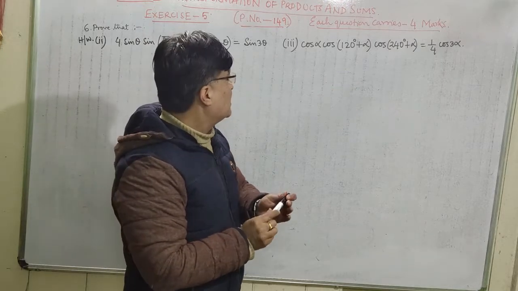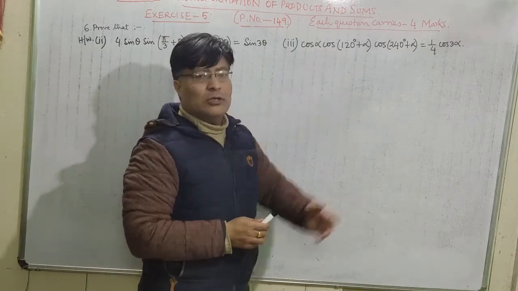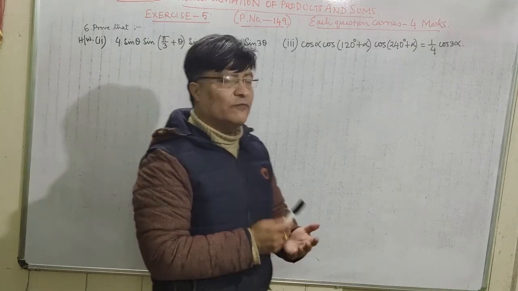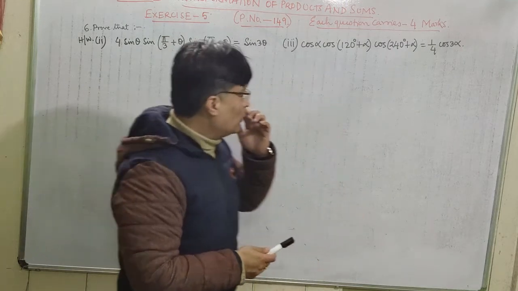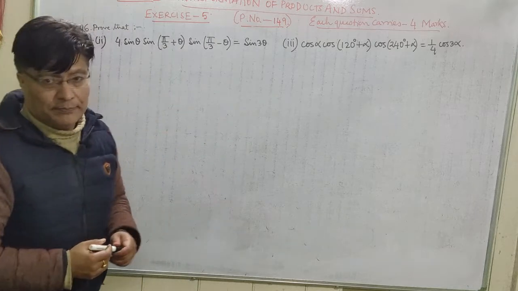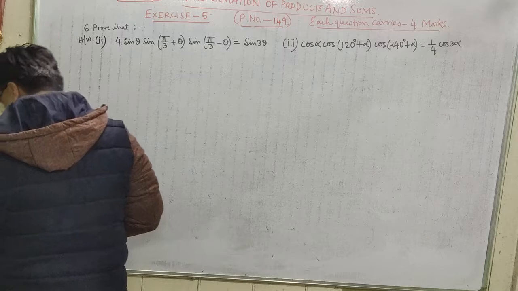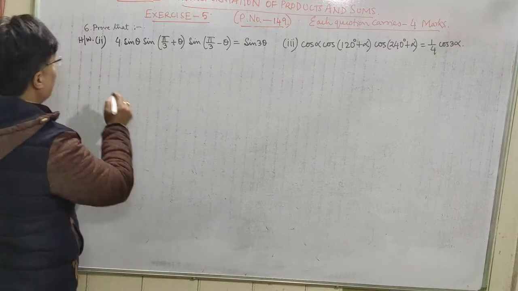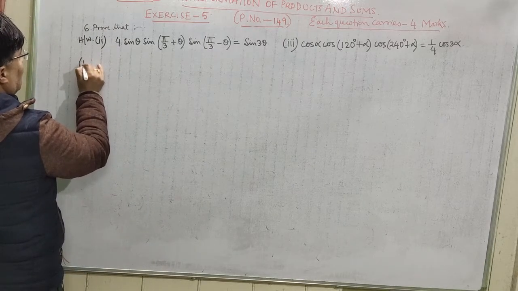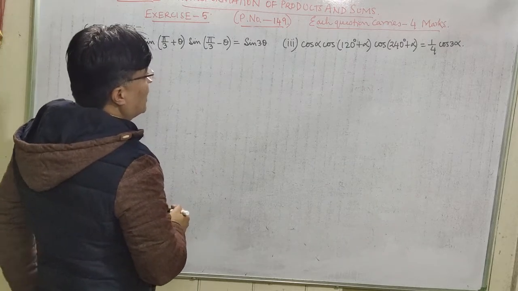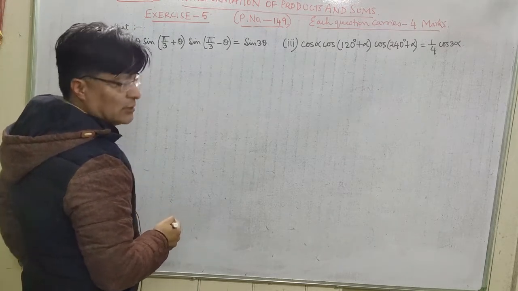You have to prove that cos alpha cos of 120 plus alpha cos of 240 plus alpha is equal to 1/4 cos 3 alpha. Okay. So number 3. Let us prove number 3 now. So in number 3 you have to prove that LHS is equal to RHS, right?